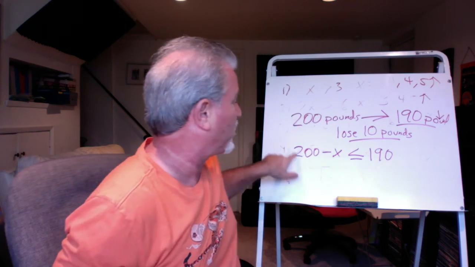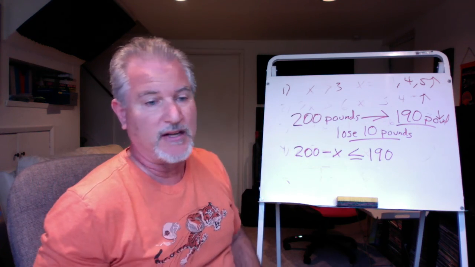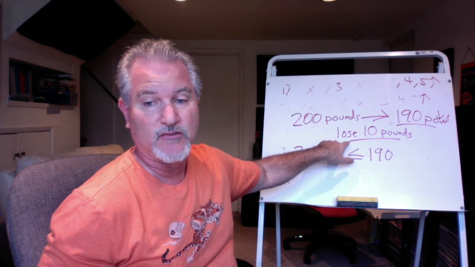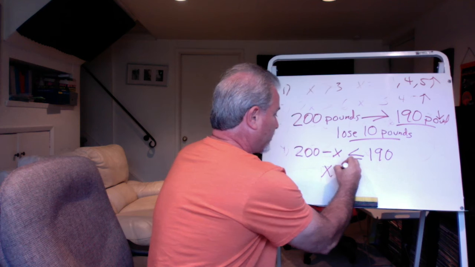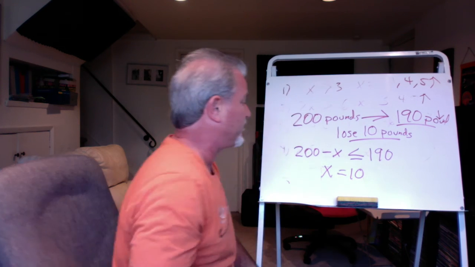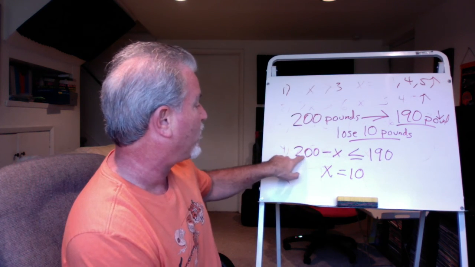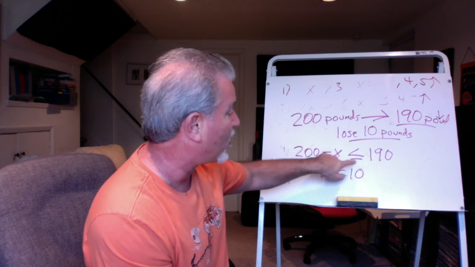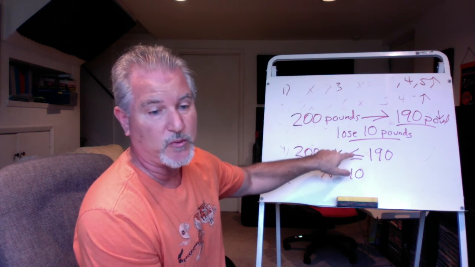So this would be your equation for the word problem, and the answer to it is x has to be 10. So in this particular instance, x equals 10. If we plug 10 into there, we get 200 minus 10 equals 190. That's okay because it's a less than or equal to sign.